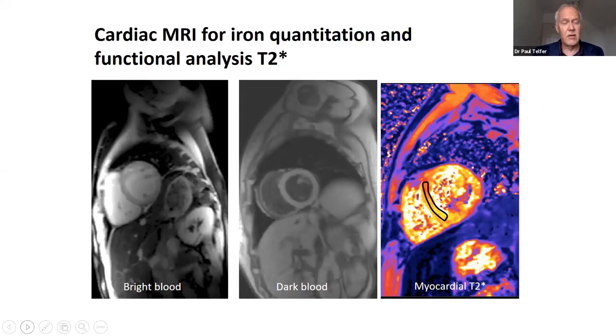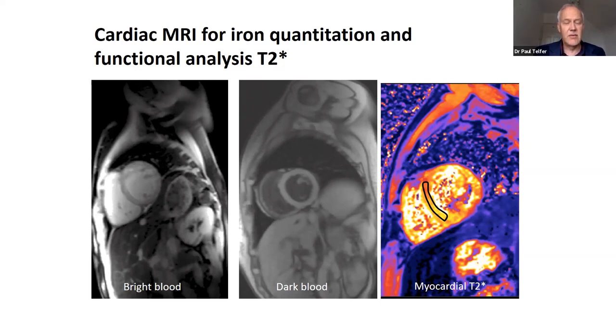And with the introduction of MRI techniques, in particular this T2 star parameter, which was developed as a method for quantitating myocardial iron, and also for assessing cardiac function accurately, assessing left ventricular diastolic and systolic volumes, ejection fraction, as well as the amount of iron in the myocardium.